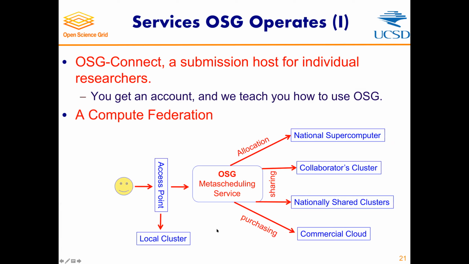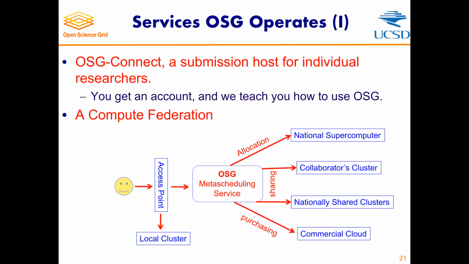We then have a Compute Federation, and the Compute Federation's purpose is to integrate any and all resources, no matter what modus of operation they have and what kind of access mechanism they offer you. So that means we integrate from a single access point allocations at national supercomputers, your own cluster that is locally at your campus, your collaborator's cluster, national shared clusters, and your credit card's capability of purchasing resources in the commercial cloud.